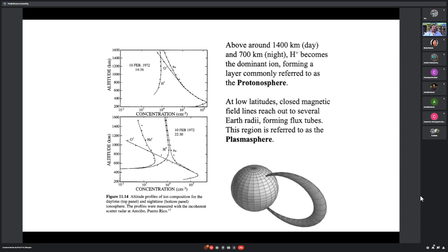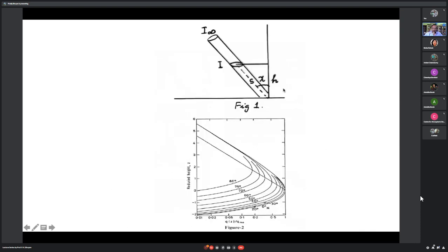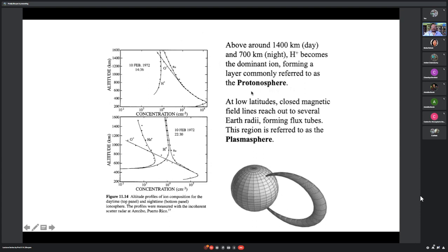Transition means O plus gives way to H plus, and H plus and above we call it plasmasphere. Instead of ionosphere, we call that plasmasphere because H plus is the mostly dominant ion.